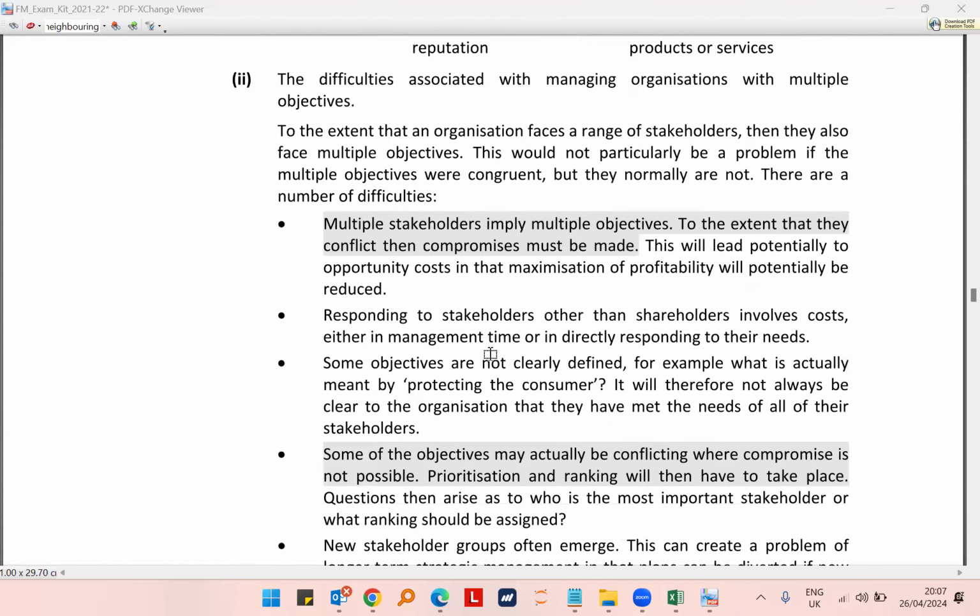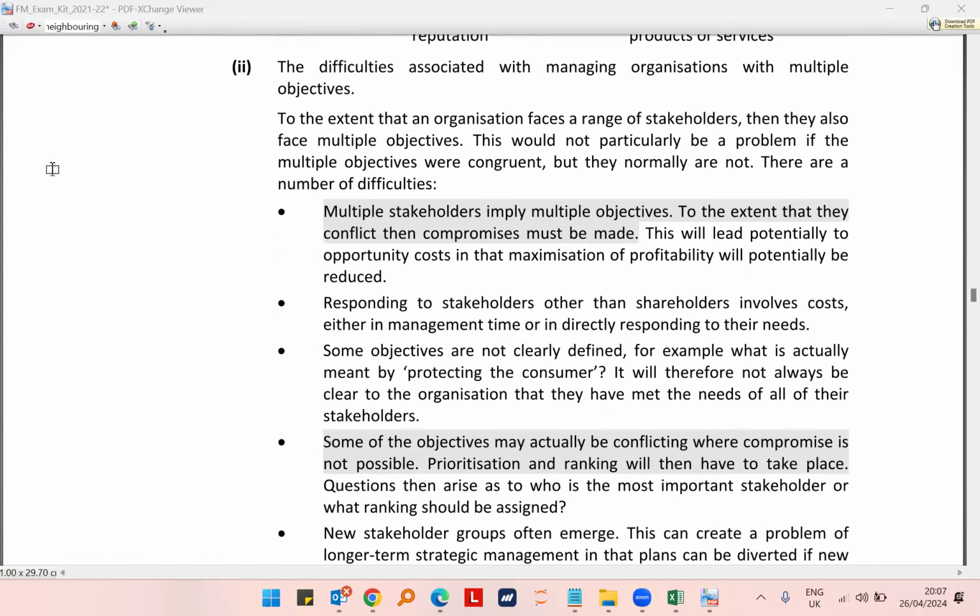So when it comes to the second part, looking at the different management objectives, if the objectives were congruent, then that would be okay. Now, in this case, congruent means that they are aligned, such that they are all parts of one big goal.